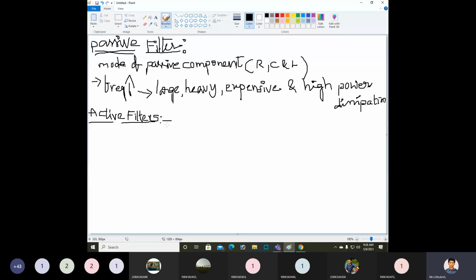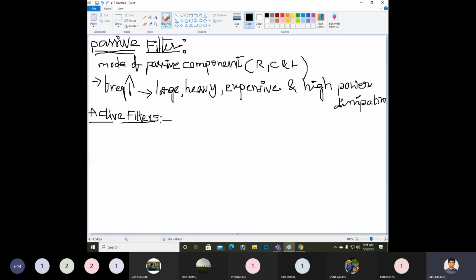Because active filters overcome the problems of passive filters, and they use the op-amp as the active element and the resistors and capacitors as the passive elements.